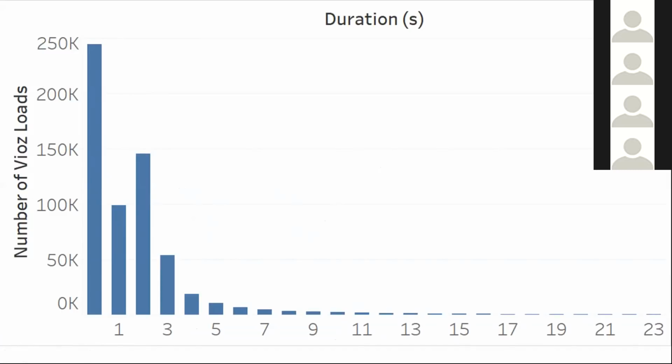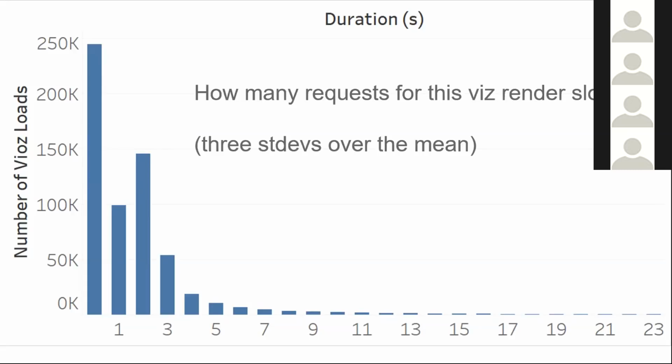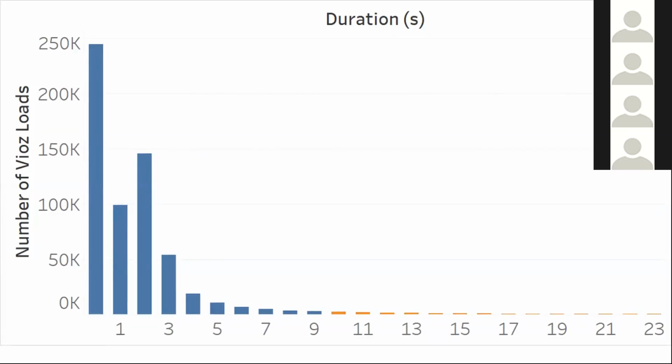And so you can see it generally renders very quick, and it has a very long tail of slowly loading requests that can happen. And so how many of those are 3 standard deviations above the mean? Well, those are the ones that we would consider slow, past the 9-second mark, based on just a manual calculation that I did for calculating the average and the standard deviation.